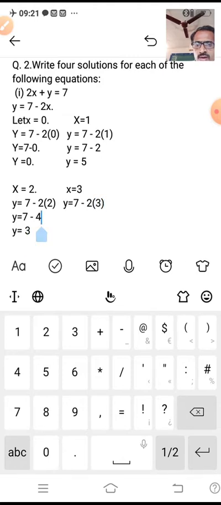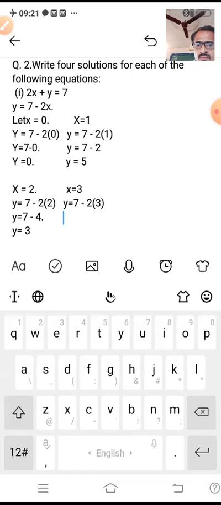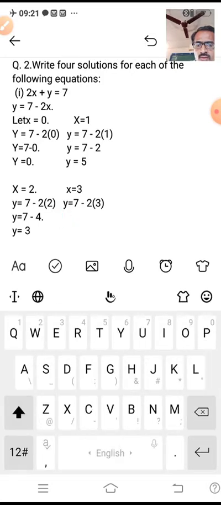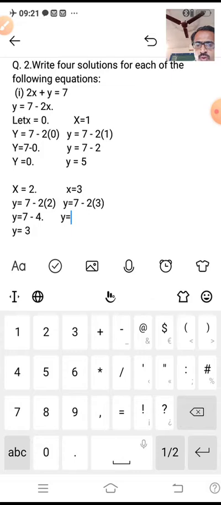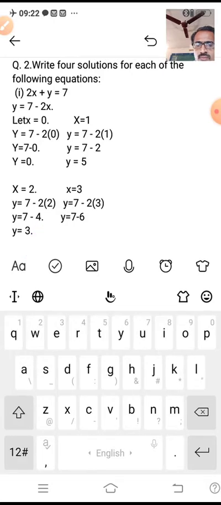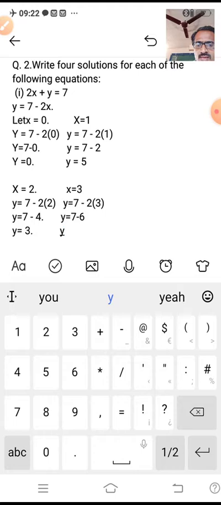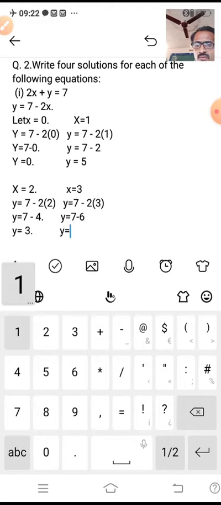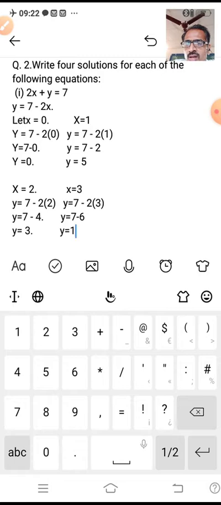So y equals 7 minus 2 threes are 6. So the value of y is 7 minus 6. How much will 7 minus 6 be? It will be 1.